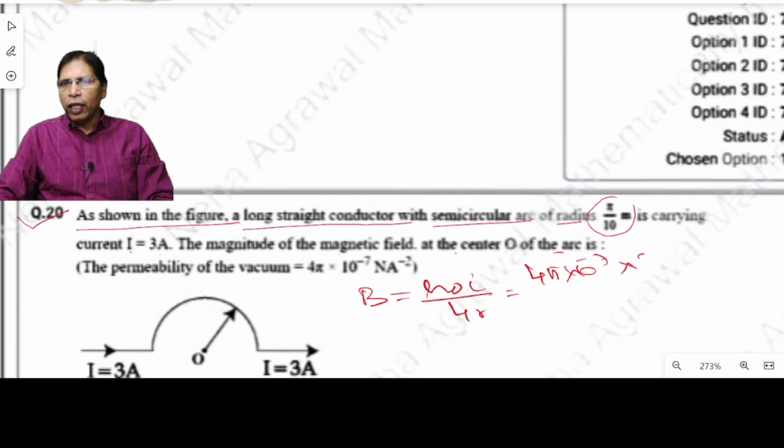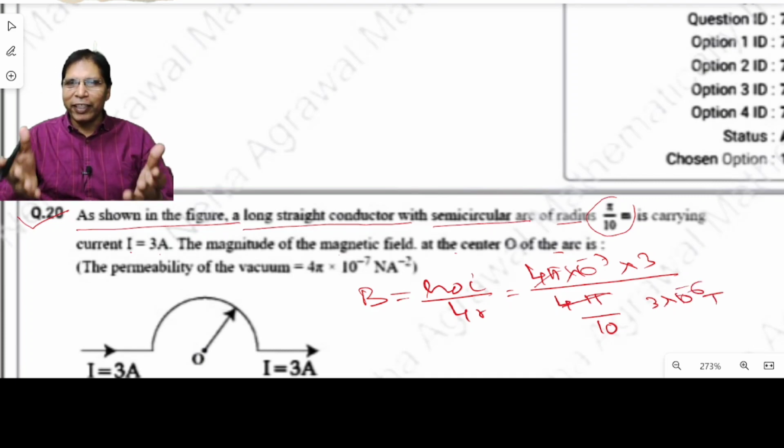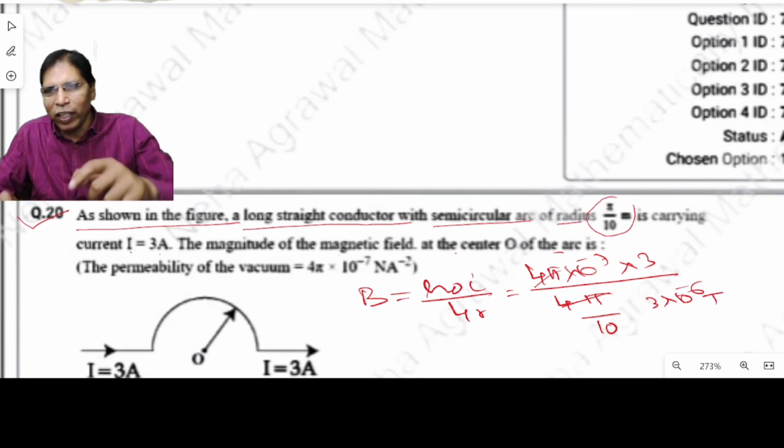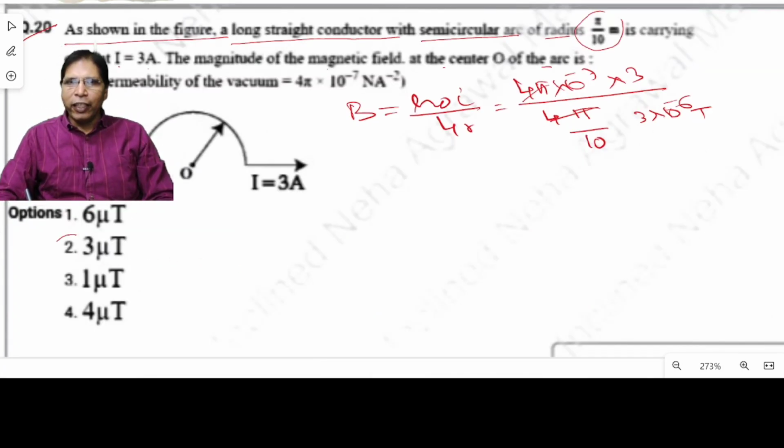I is 3 ampere, and this is the 4. R is pi by 10. So 4 pi cancel out. So this is the 3 into 10 to the power minus 6 Tesla, the magnitude of magnetic field at the center. So 3 micro Tesla is the correct option.